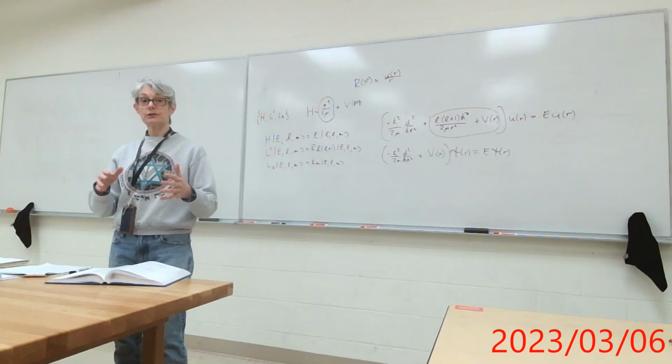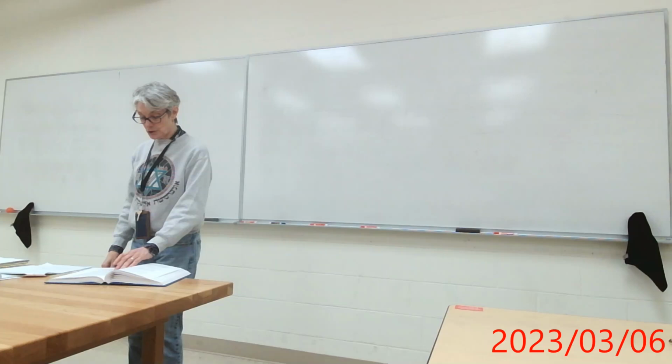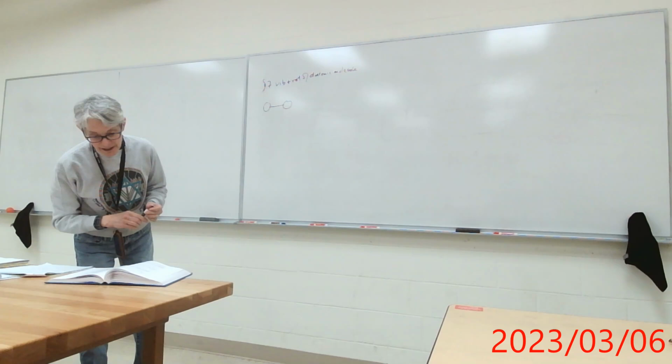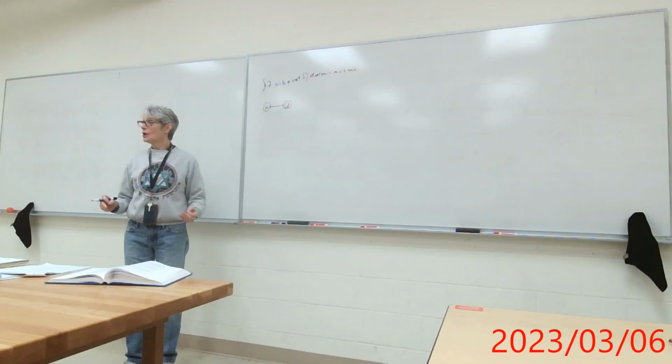And these are such that if you operate with h on this, you get E, l, m. If you operate with L squared on this, you get h bar squared l times l plus 1 times E, l, m. And if you operate with Lz, you get h bar m.